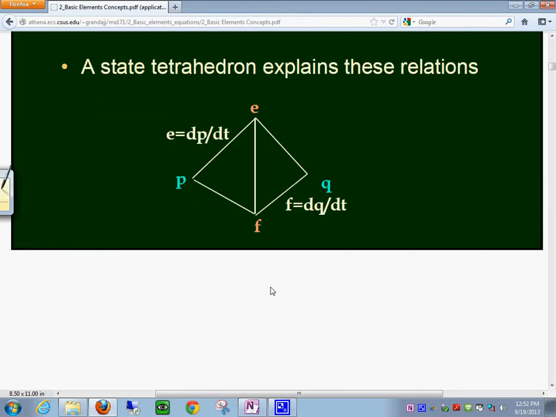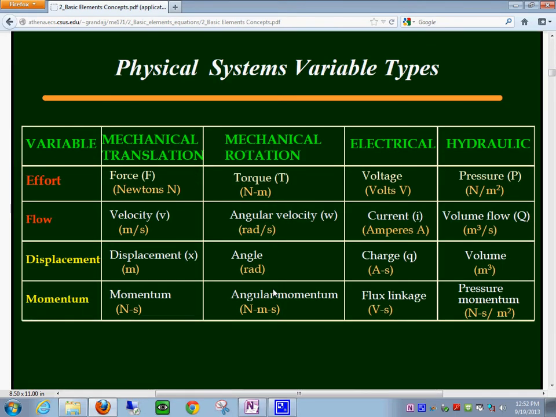Okay, and then what are those variables across the different systems? You have 16 variables in this case, in different energy domains: translation, rotation, electrical systems, hydraulic systems. But we defined so far the effort and the flow.